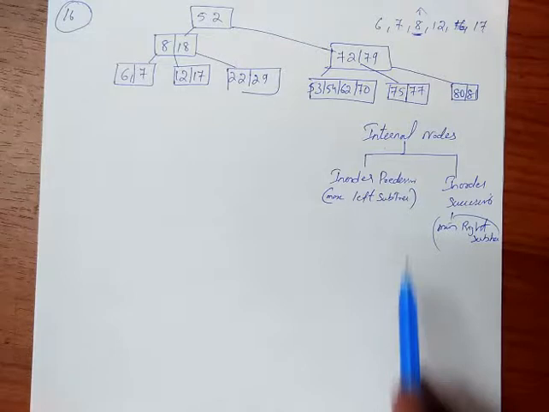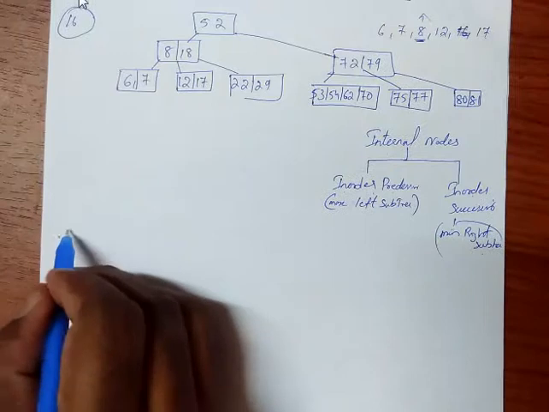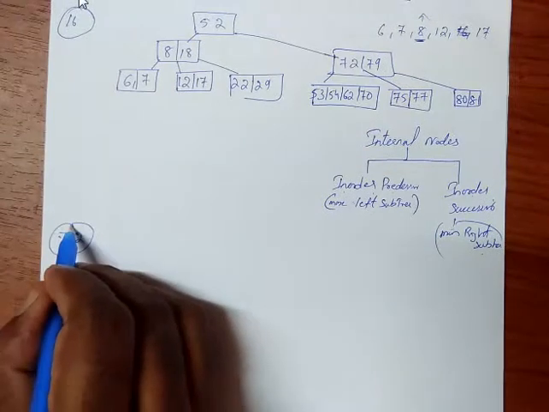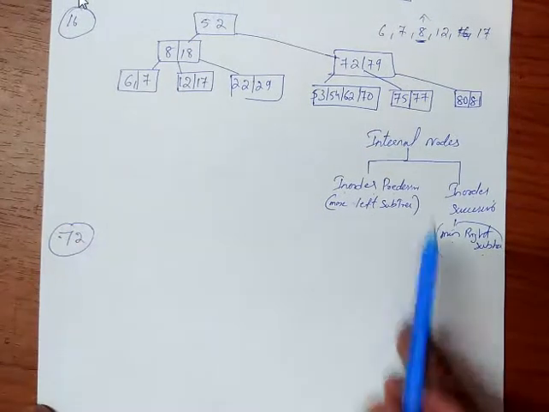The in-order predecessor of a particular node is the maximum value in its left subtree, and the in-order successor is the minimum value in its right subtree. Okay, so now we can delete the element 62, which is in an internal node.